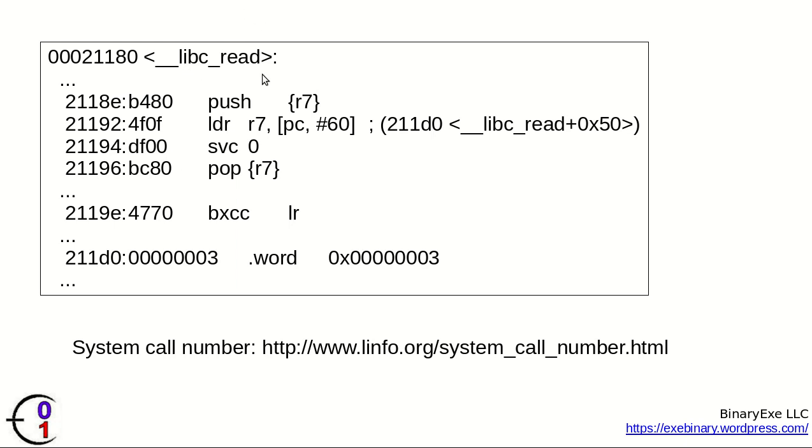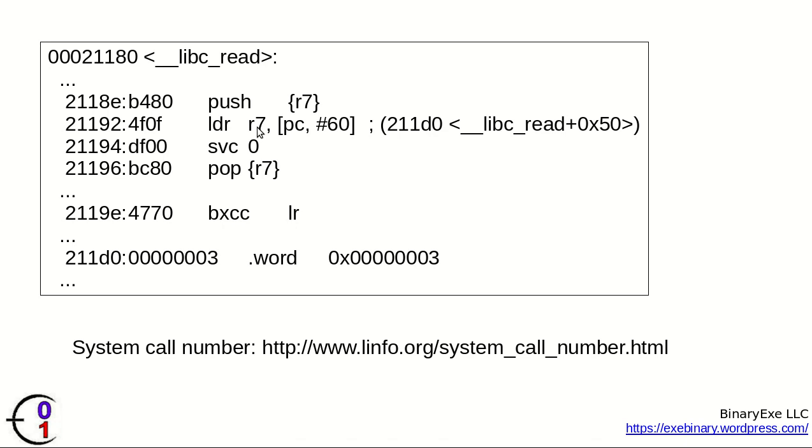So libc_read does two key things. One, it loads the system call number into the R7 register. If you see in this line 21192, the content of location 211D0, that is 3, is getting loaded into R7.